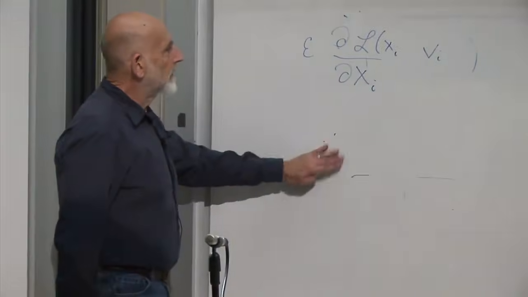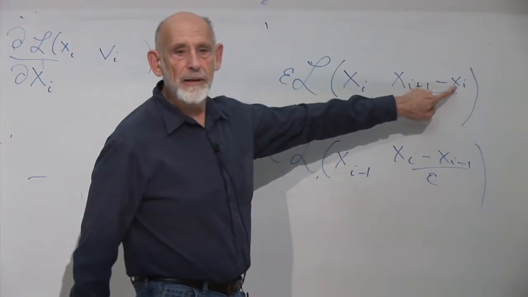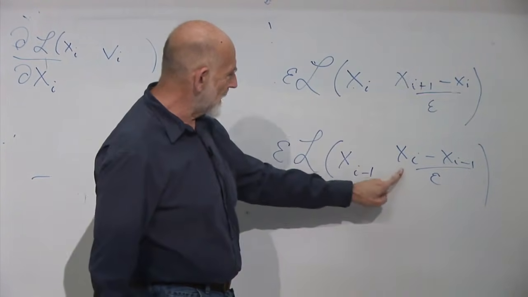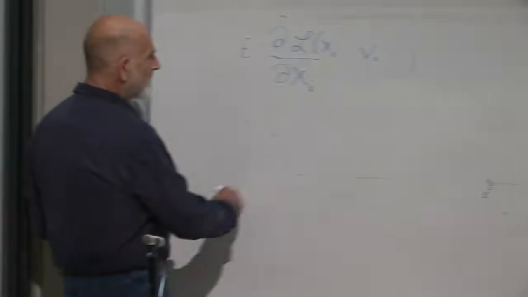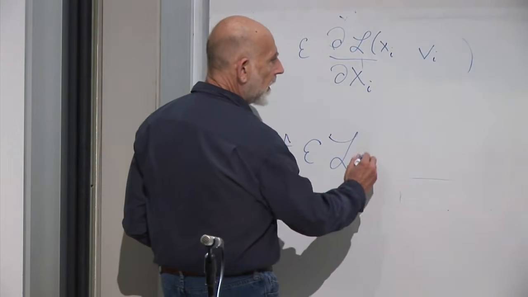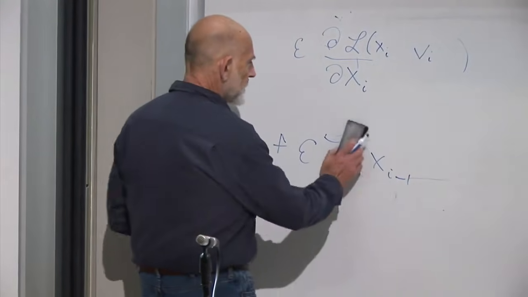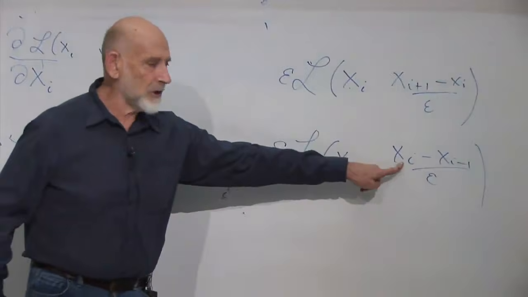All right. What about when I differentiate with respect to xi from the dependence from here? What do I get? Now, this one's a little bit easier. Let's do this one first. We get plus epsilon L of xi minus 1. Sorry. We're differentiating with respect to xi here.